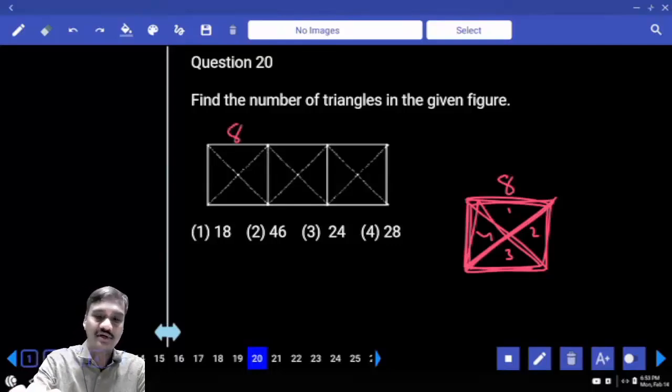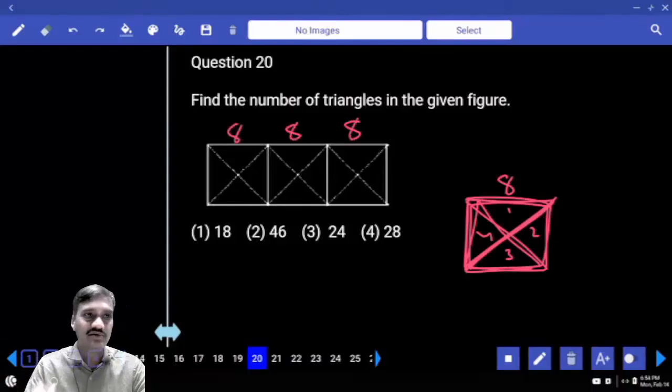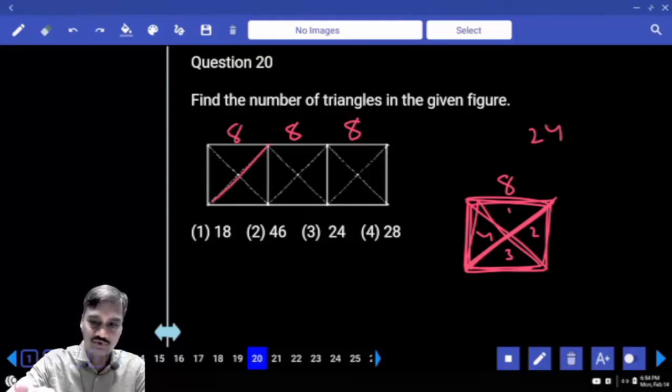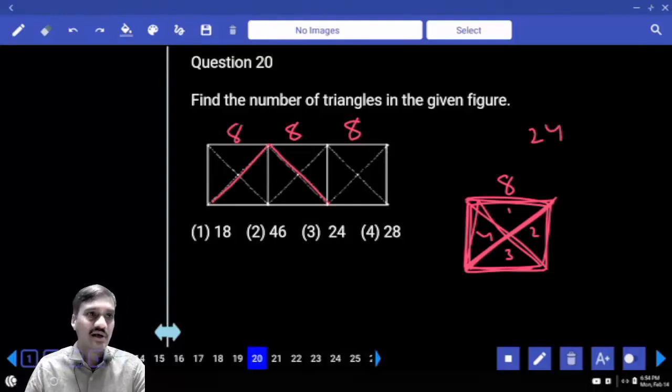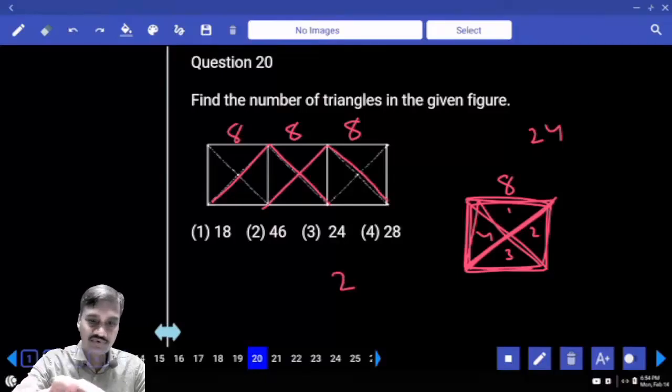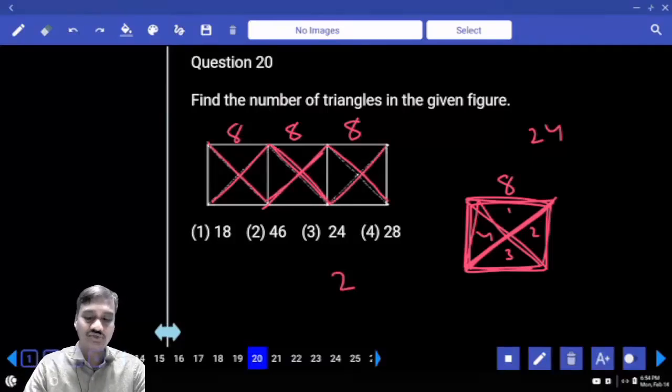All these are individual different figures, so how many do we have? 24. Then combination of this one. This is one triangle combining 1 and 2 figure frames and this is the other. 2 get added. Next from bottom top, this is one, and again this is the other. Hence 2 plus 2, 4. Hence 24 plus 4, 28, that is given in choice 4.